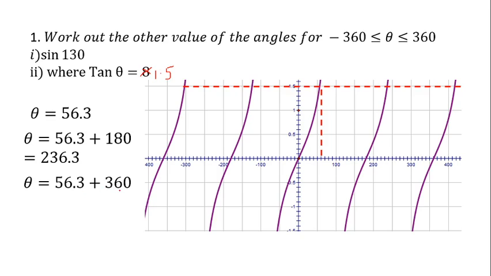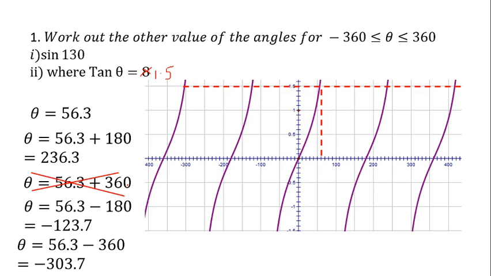Again, we don't need that because that's clearly outside of 360. So we do 56 minus 180, and then 356 minus 360. Okay, and that gives us our values there.